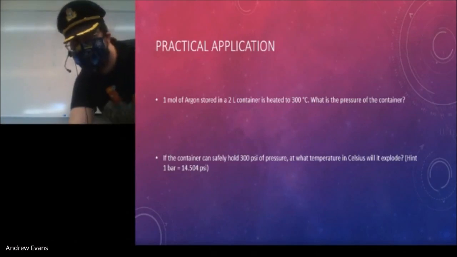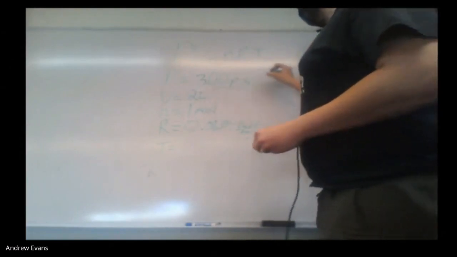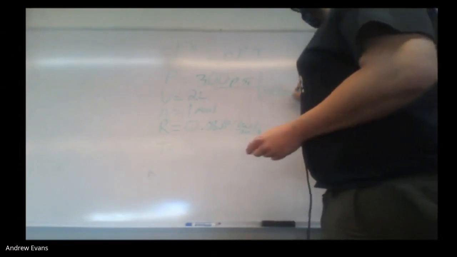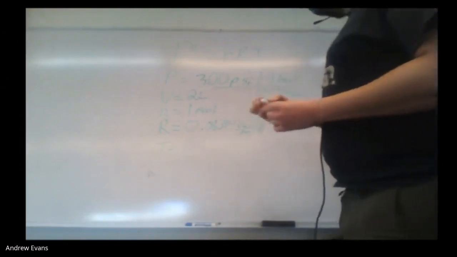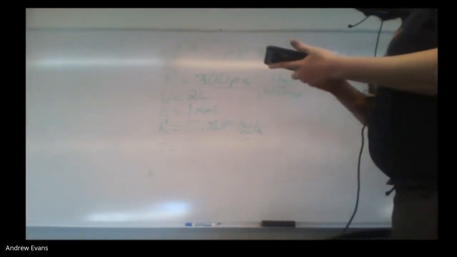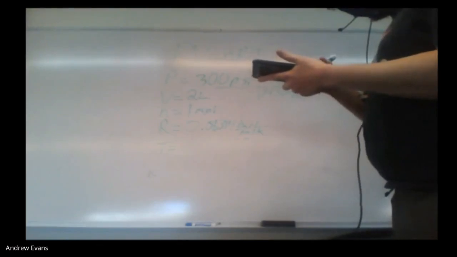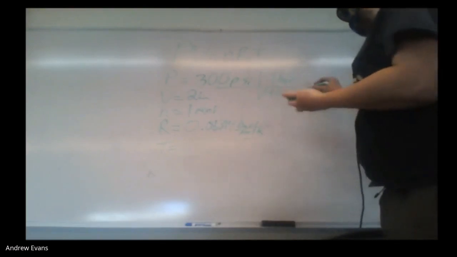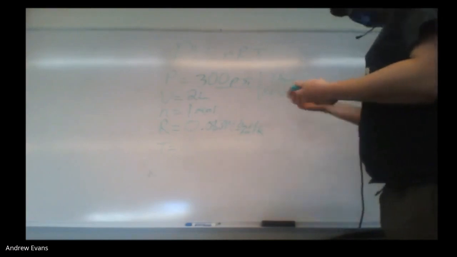We have to convert psi to bar. I give you 14.5 psi in 1 bar. So let's do a quick conversion. 300 divided by 14.5 gets 20.68 bar.